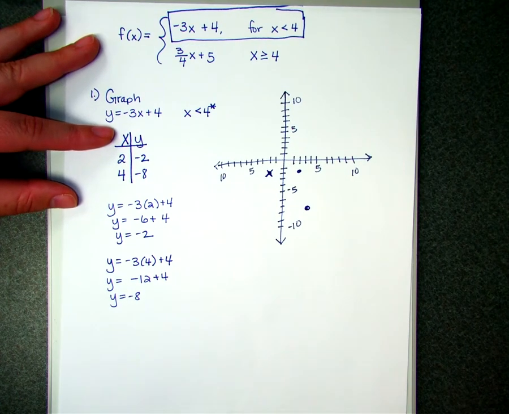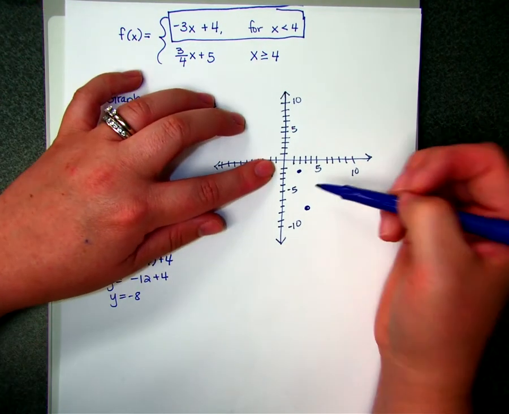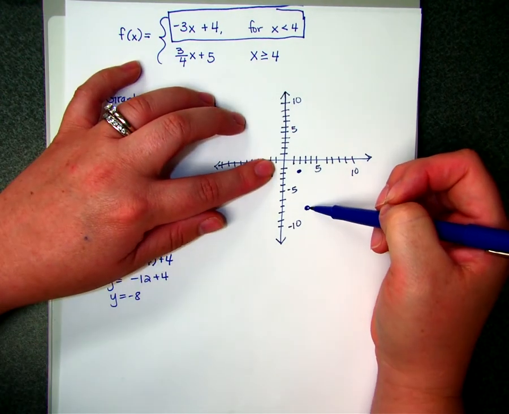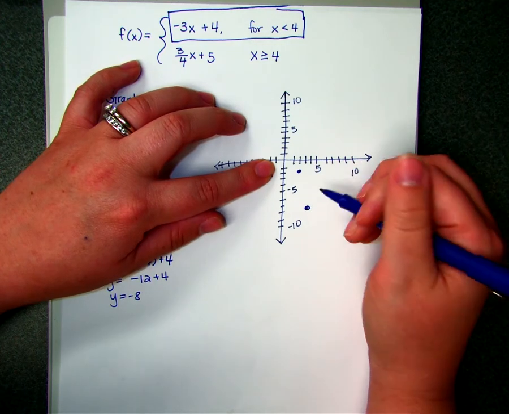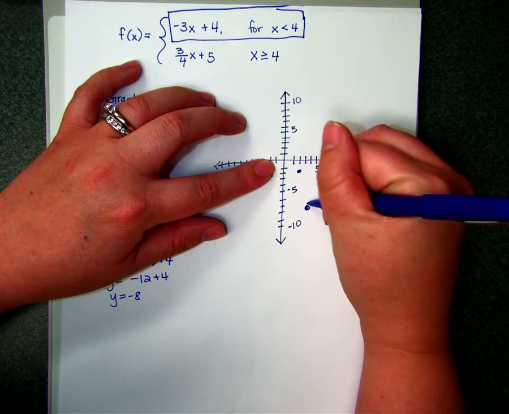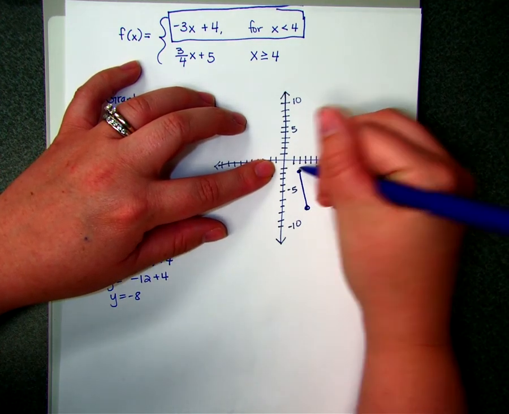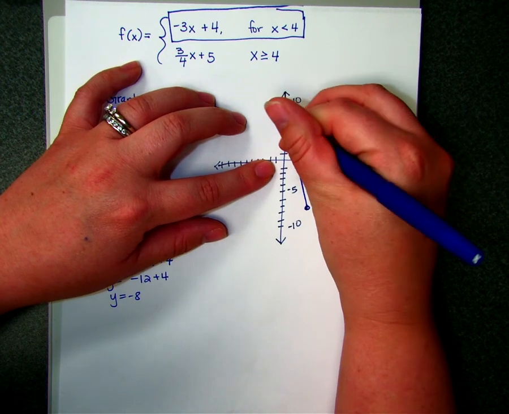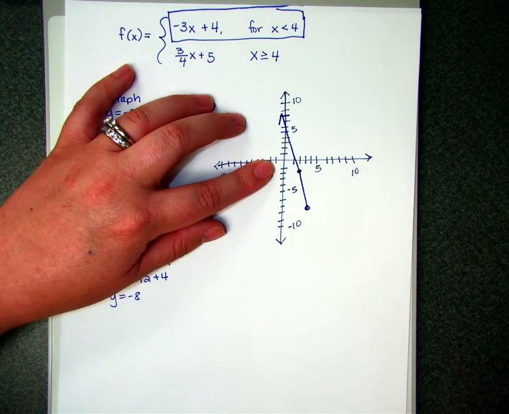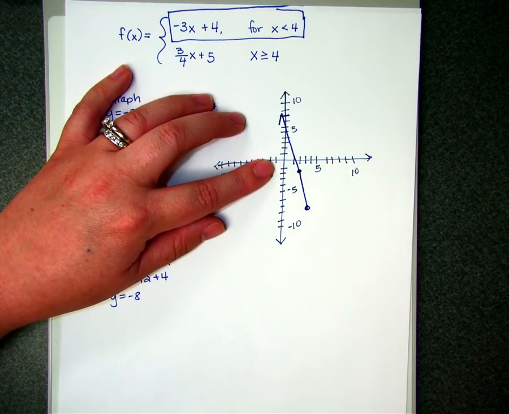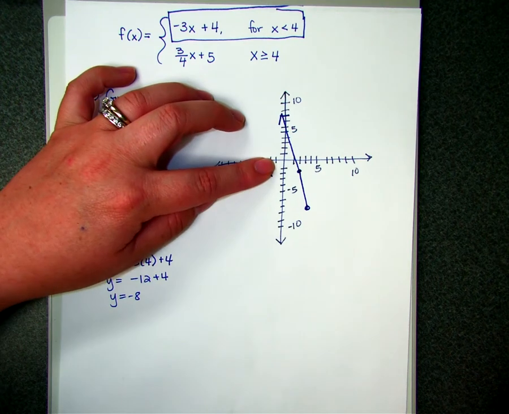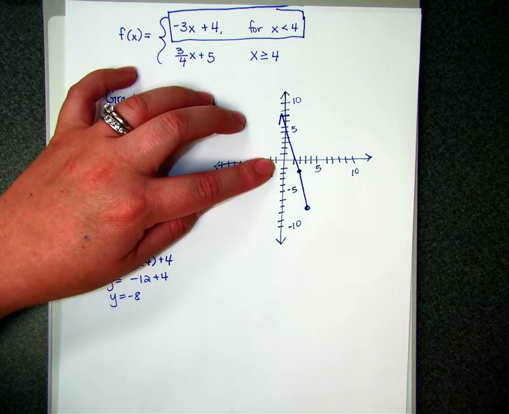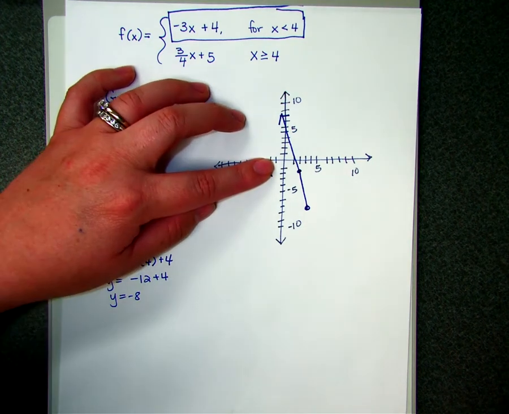So if you've noticed, I actually put an open circle here on 4 and negative 8 because we can't actually use that value for x. We can just get close to it. So my piecewise function looks something like this. And it should be a line. I'm just trying to freehand it, so mine isn't, but that's okay. So this is the first piece of my piecewise function.